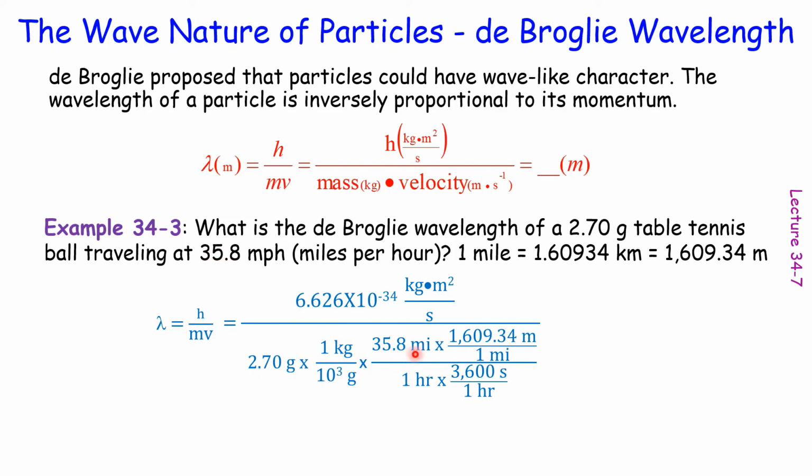35.8 miles. Do we see miles here in Planck's constant units? No, we see meters. 1 mile equals 1609.34 meters. And then the denominator in the velocity, that's hour.